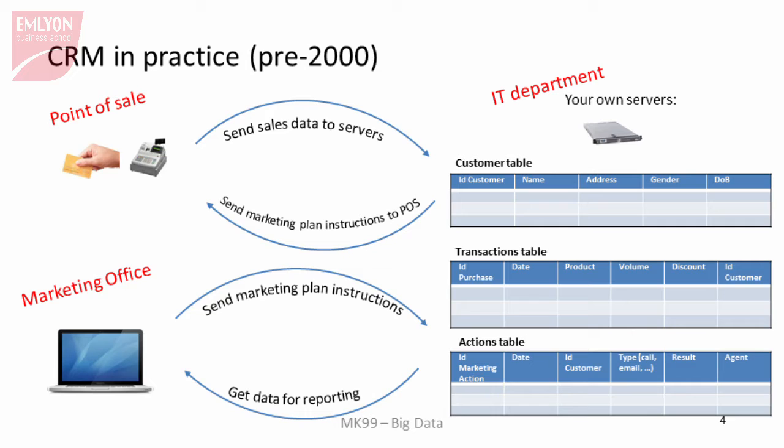So you could think of Excel spreadsheets, but in practice, these are tables in a database. And you, as a marketing person, write some instructions into these databases, such as rules.